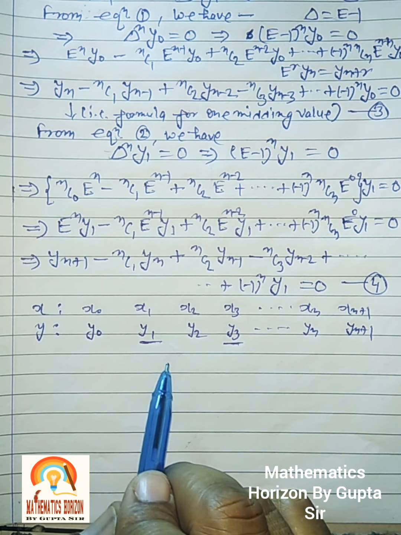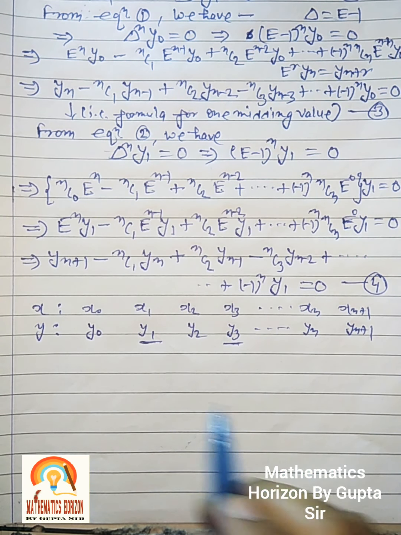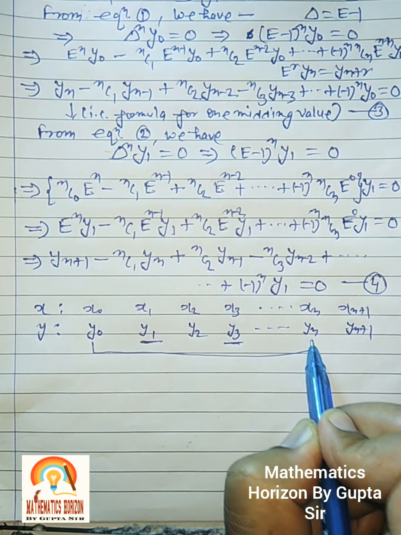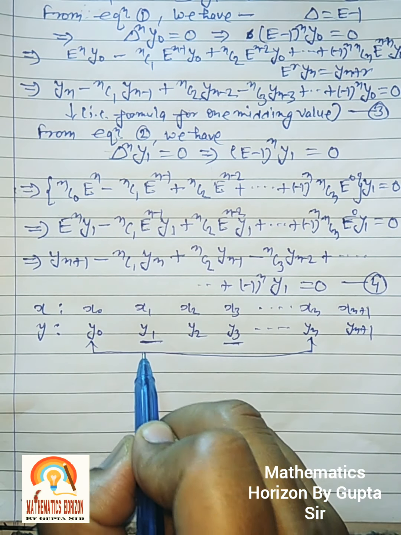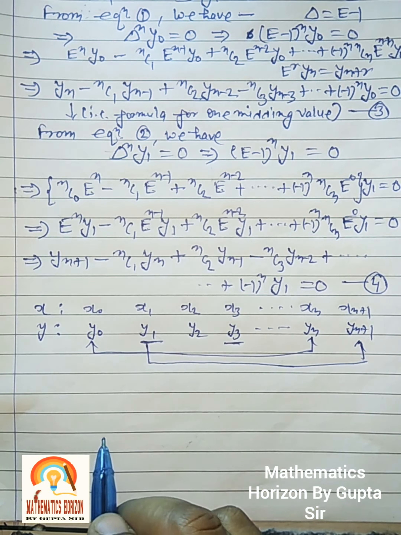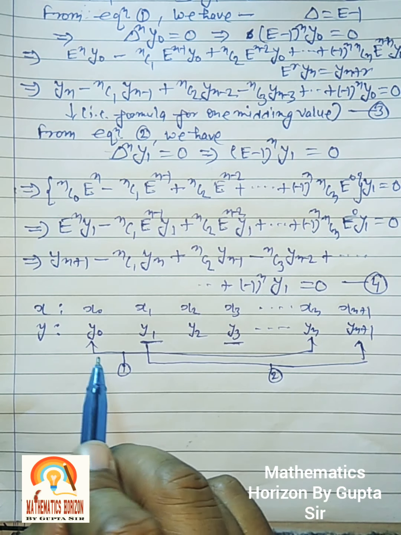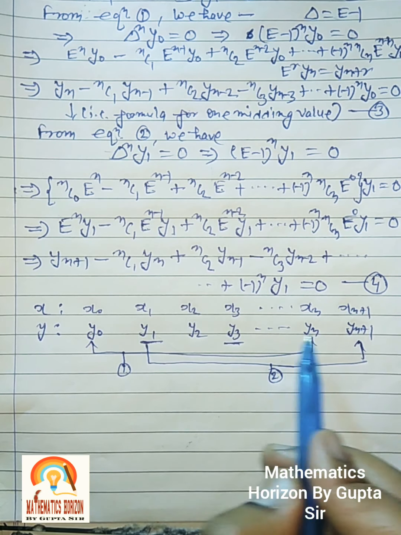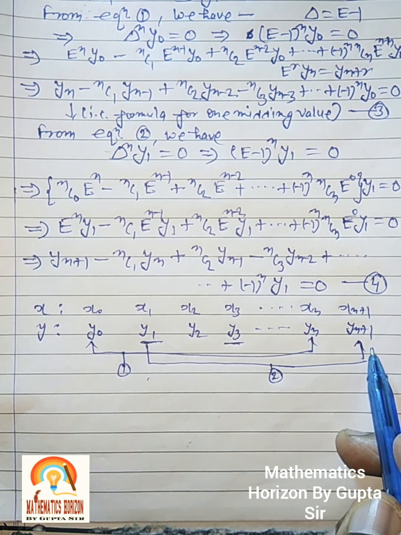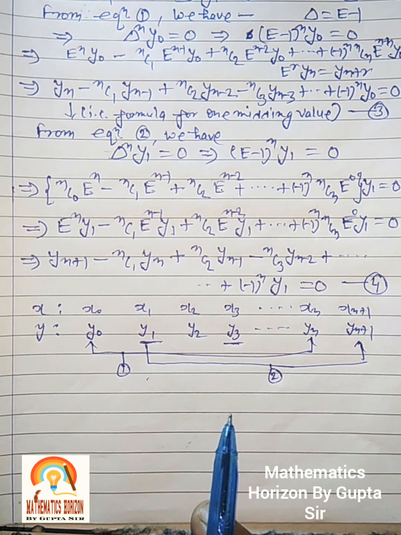Here we can find out, we have three equations. In first equation we are using values from here to here, and in second equation we are using values from here to here. In equation 1 we have values from y0 to y_n, and equation 2 we have values y1 to y(n+1), and in these two equations we will get two unknowns.